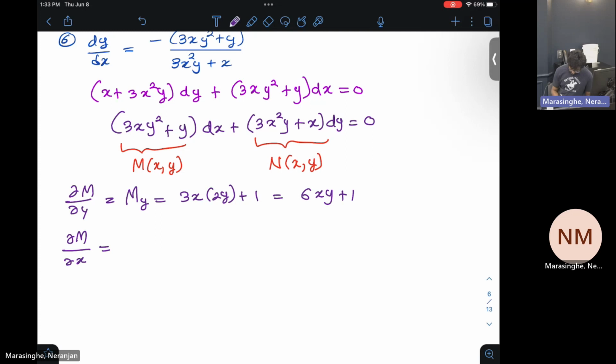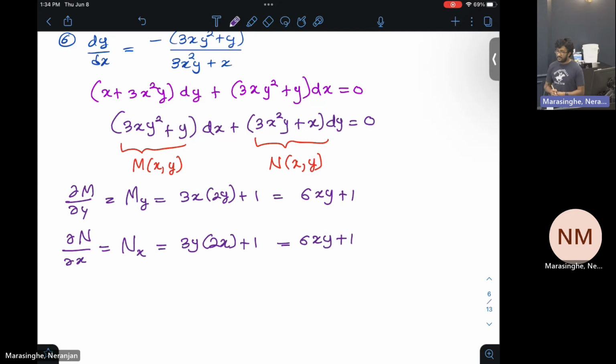Now the partial derivative of N with respect to x is 3y times 2x plus 1, which is equal to 6xy plus 1, right? They are equal.